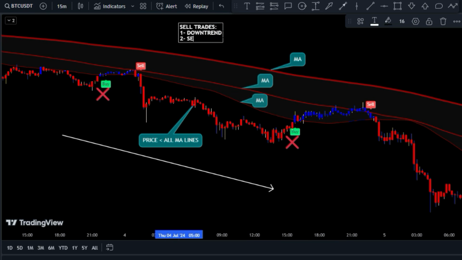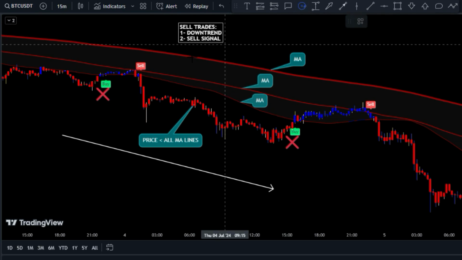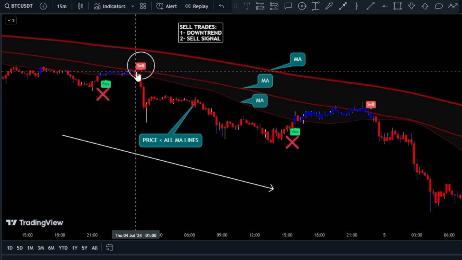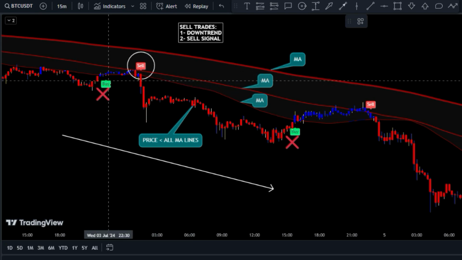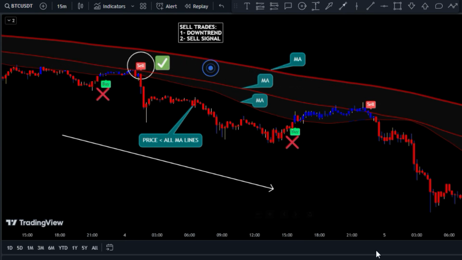Then, once you establish a downtrend, be on the lookout for a sell signal. If you spot one and all necessary conditions are met, it's time to enter the sell trade with confidence.